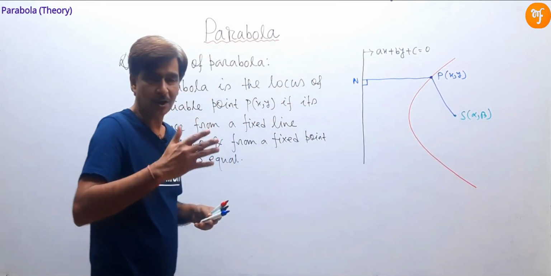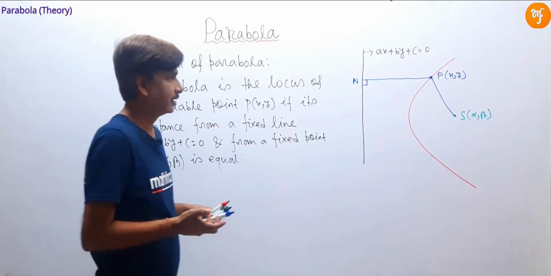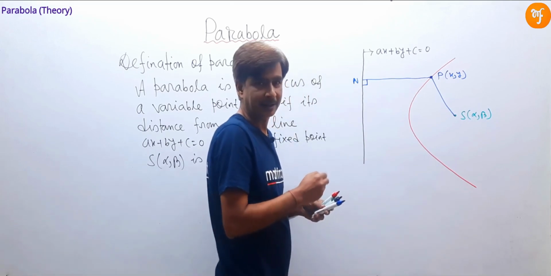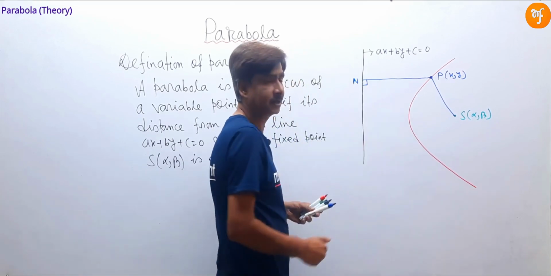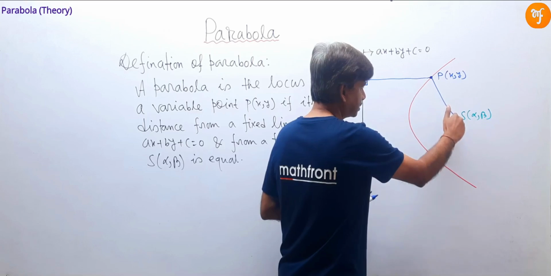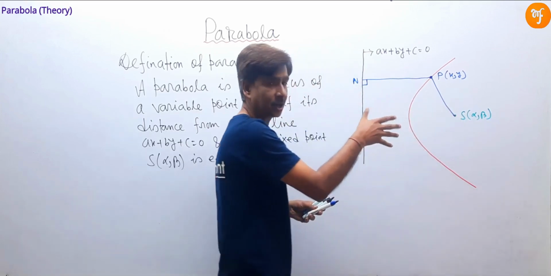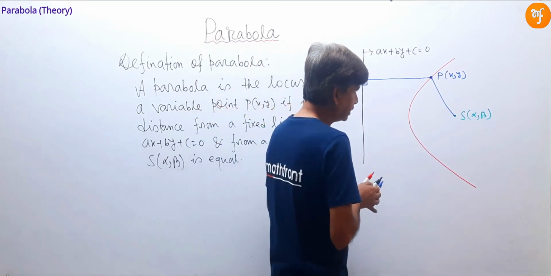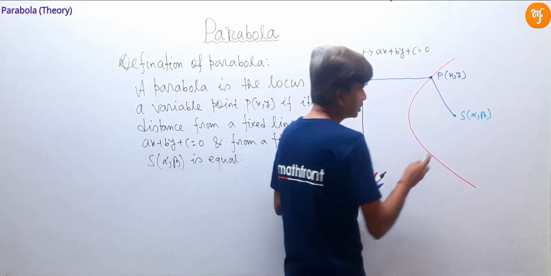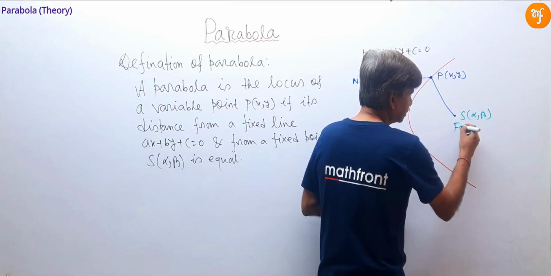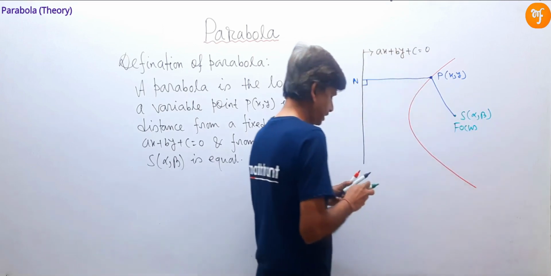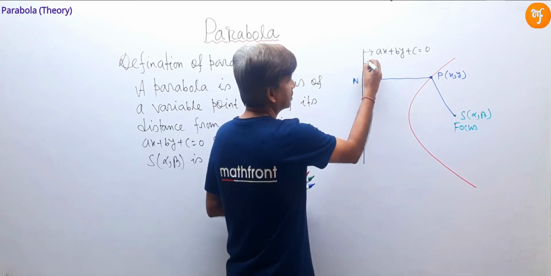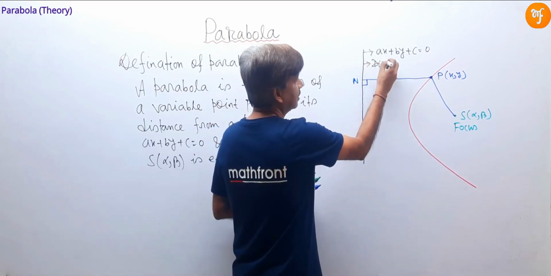In other words, alternatively we can say, from any point on the parabola, the distances from a fixed line and the fixed point are always equal. Okay. This fixed point is known as focus. This is the focus, and this fixed line is known as directrix. This is known as directrix.